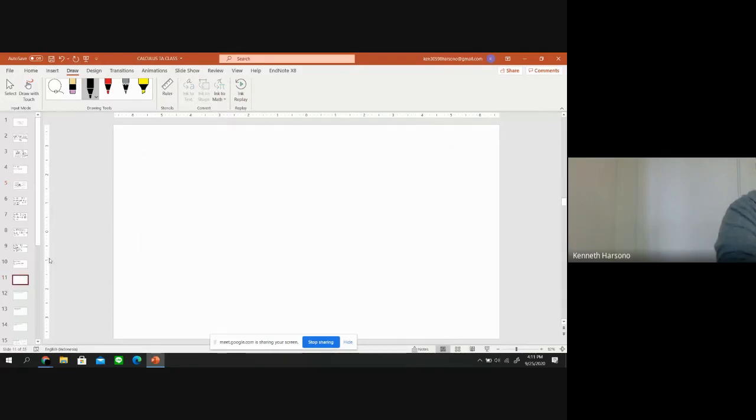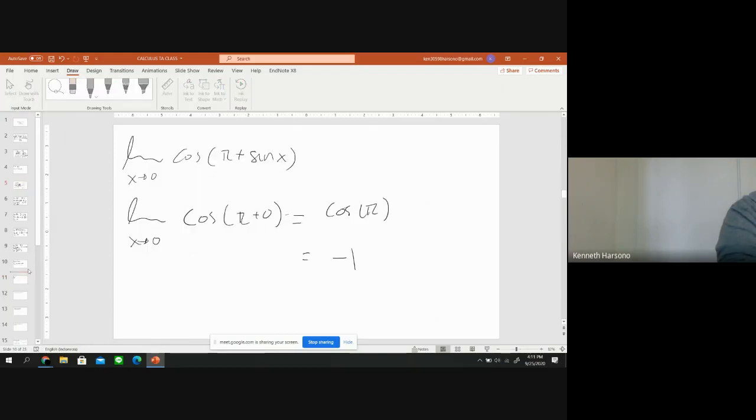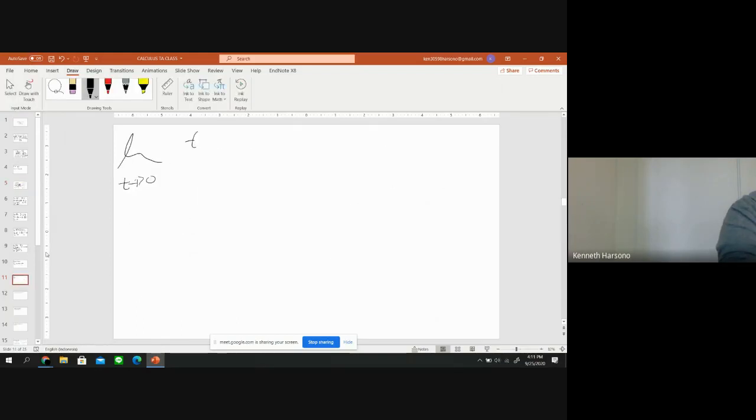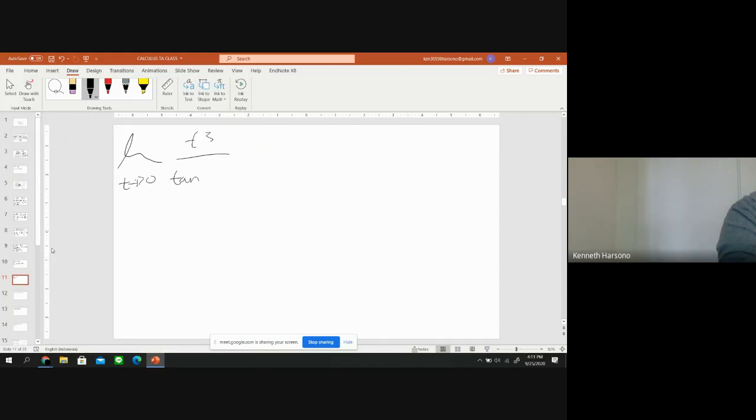This one. Limit t approaching 0 of tan cubic 2t.